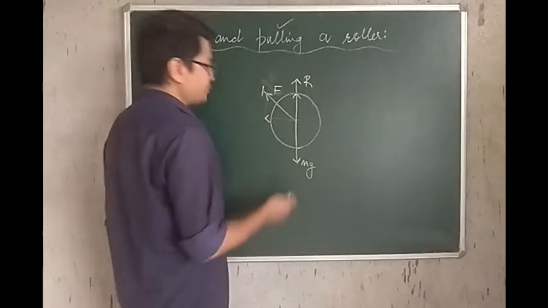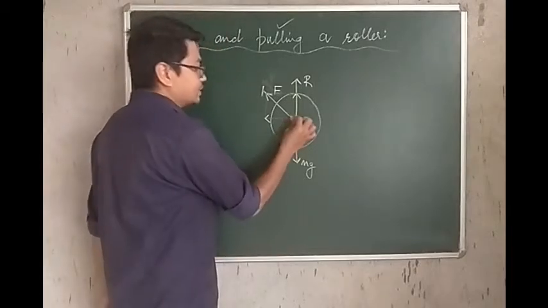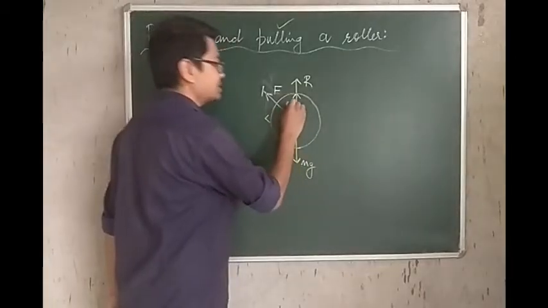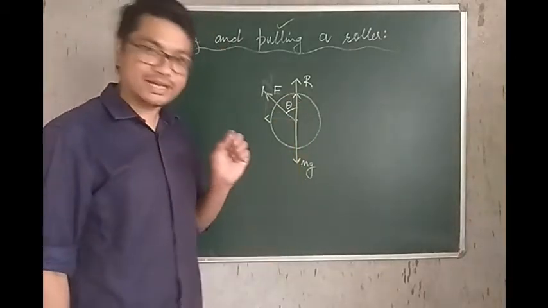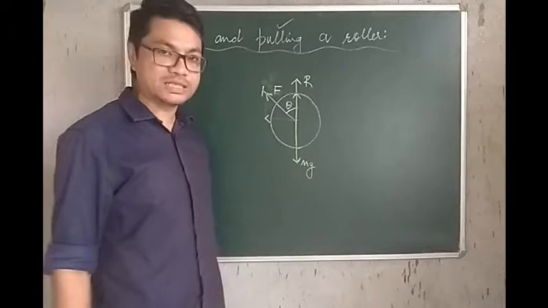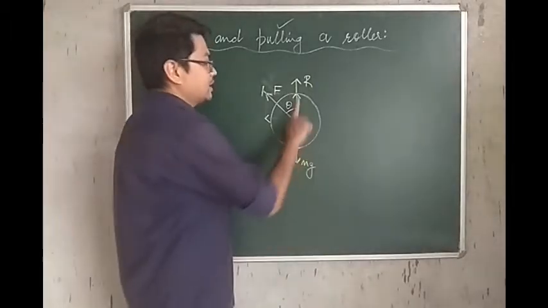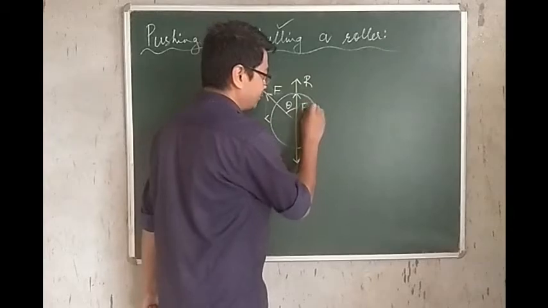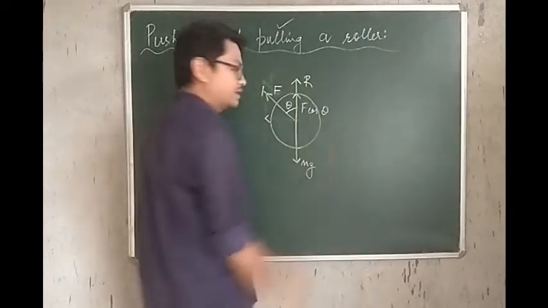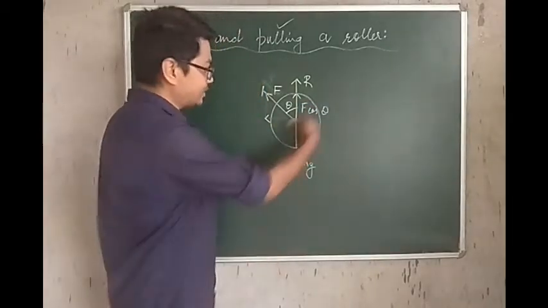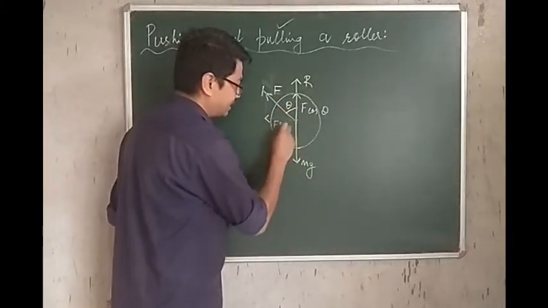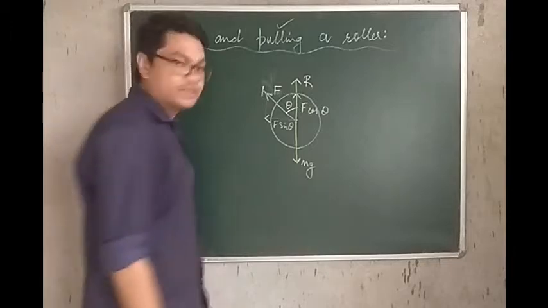Now say for example this force acts at an angle theta with respect to the vertical, then the vertical component of the force F is F cos theta, and the horizontal component of the force is F sin theta.